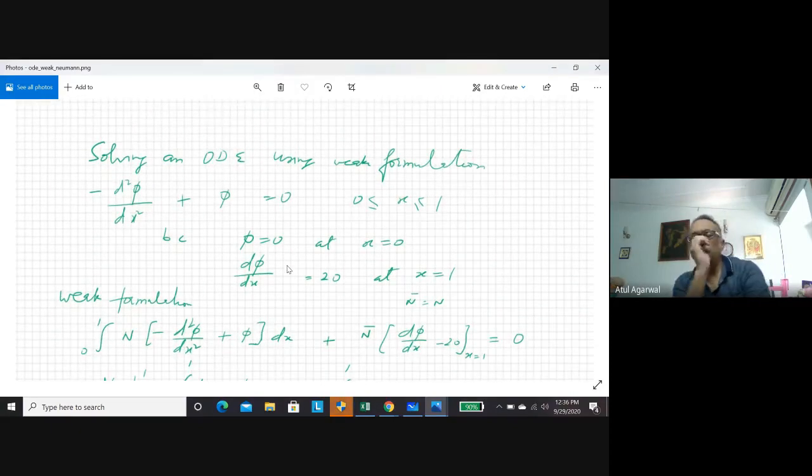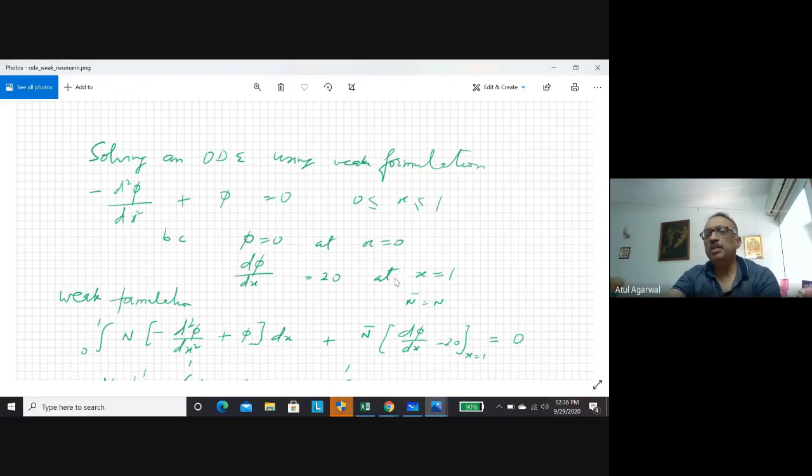Now we want to solve it using weak formulation. So we are again multiplying with a weighting function n. Now we'll choose our solution phi such that this boundary condition is satisfied, then we don't have to put the weighting function into this phi.